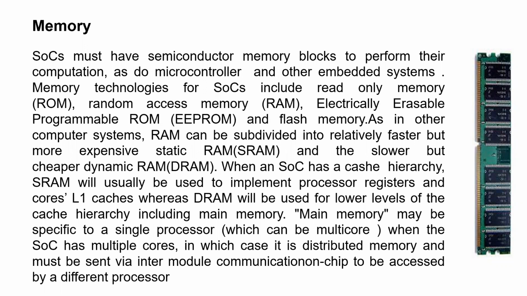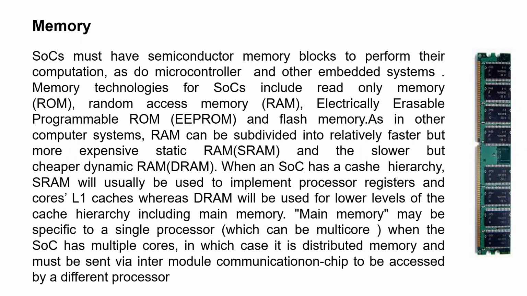Here, as you can see, there may be a single processor. If there is a single processor, then there will be a dedicated memory chip. But if multiple processors are there in the system on chip, then distributed memory is used.